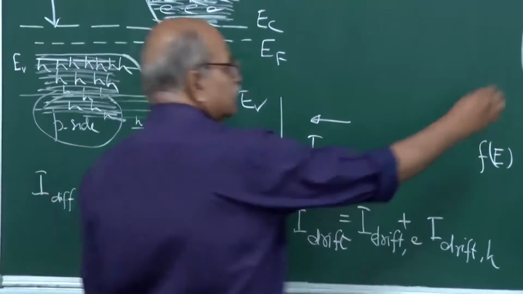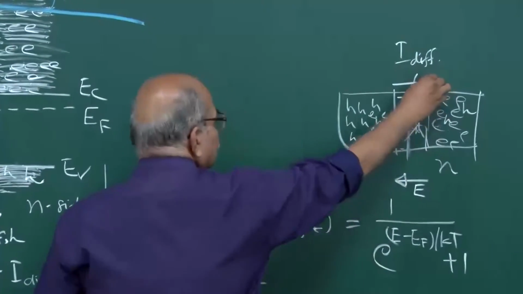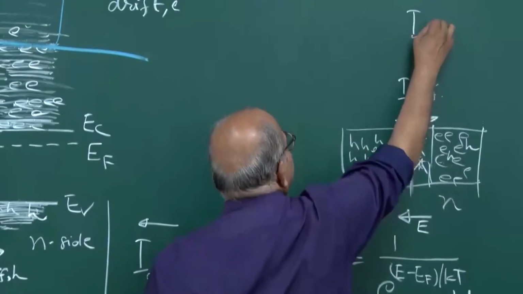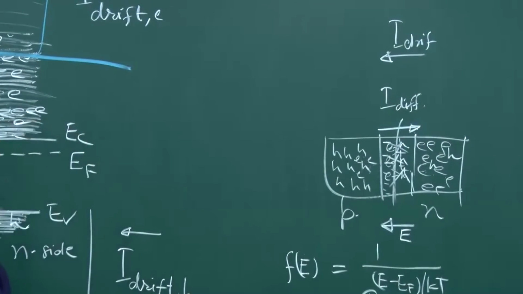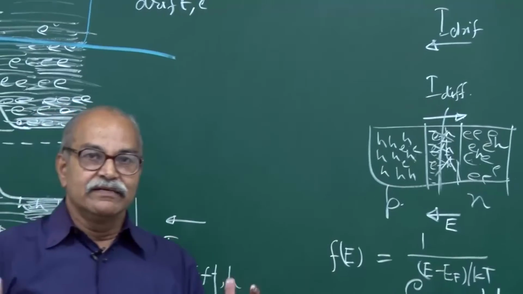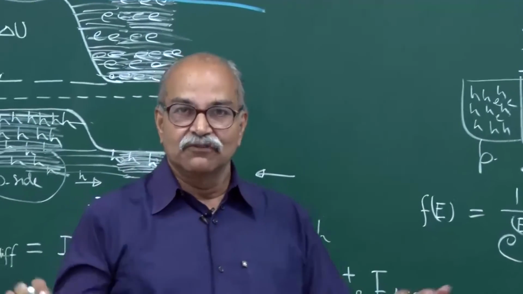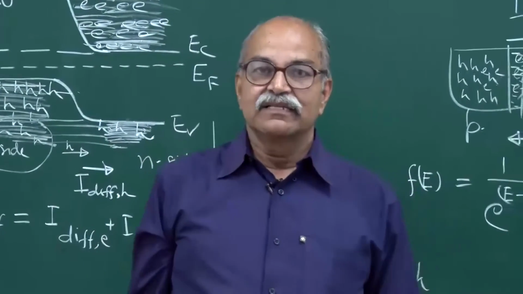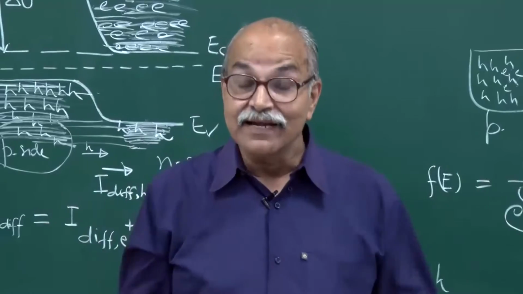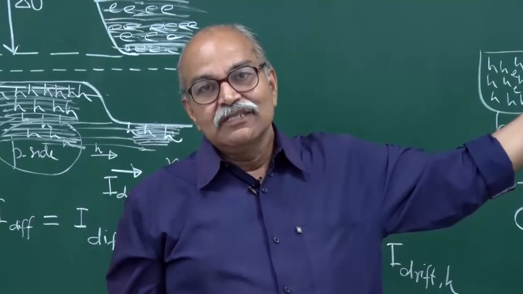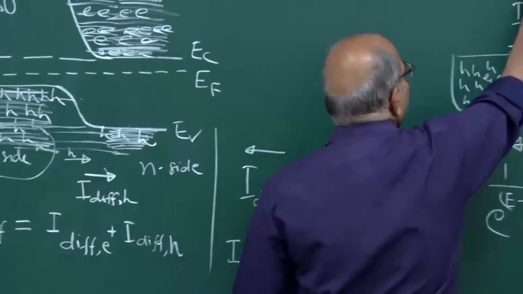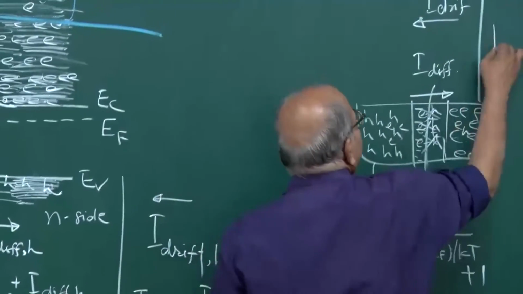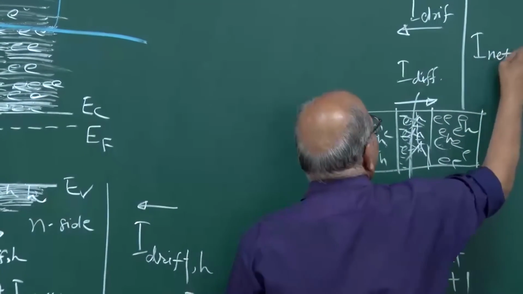Diffusion was in the direction p side to n side, and drift is in the opposite direction. In equilibrium, when you have not added any external circuit, there is no net current, so these two are equal in magnitude, giving you net current 0.